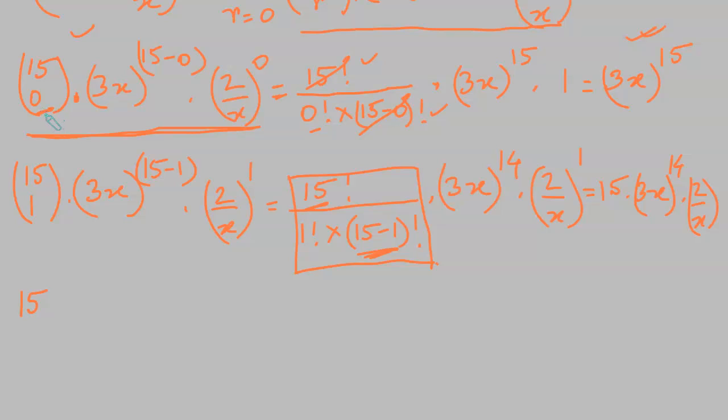The r value is always 1 less than the term number. When it is the first term, the term number is 1, r value is 0. When it is the second term, term number is 2, r value is 1. When the term number is 3, that is the third term, r value will be equal to 2. This is very important. You have to remember this.